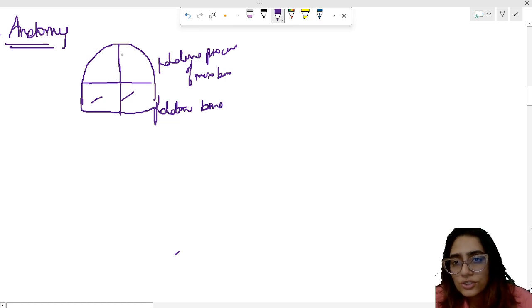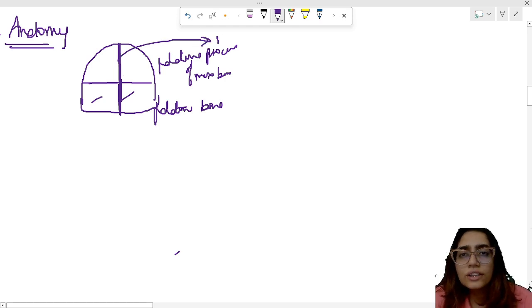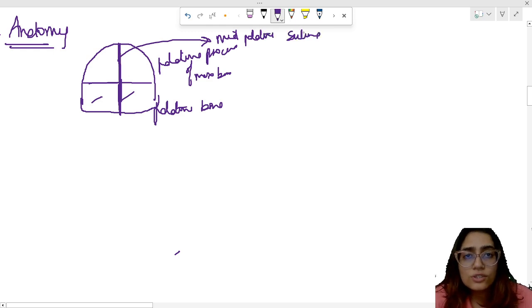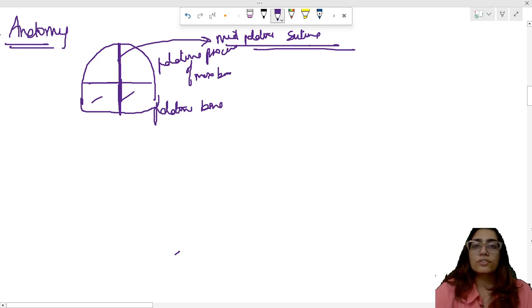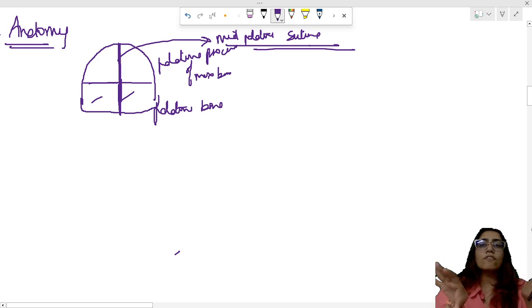So these two sutures, that is the intermaxillary and the interpalatine suture, both of them together form the mid-palatine suture. So across this suture, the splitting will take place and hence the skeletal expansion will take place across this suture by splitting both the halves of the maxilla.